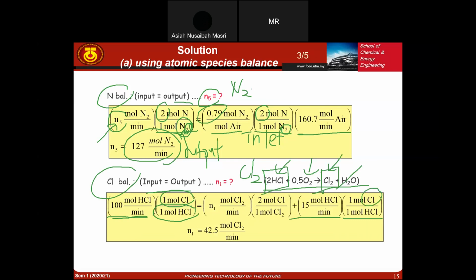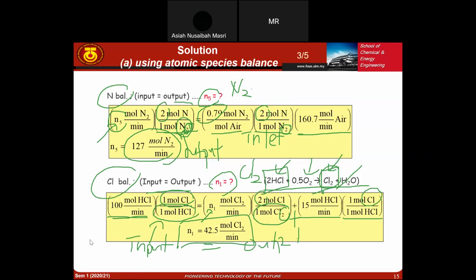We add up with whatever is in the Cl2. For every 1 mole of Cl2, because there is 2 here, we have 2 mole of Cl. And N1 is the thing that we're going to solve. Solving this, we will get N1 equals 42.5. We can solve this basically using input equals output.